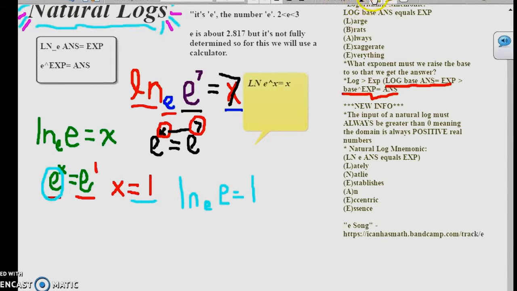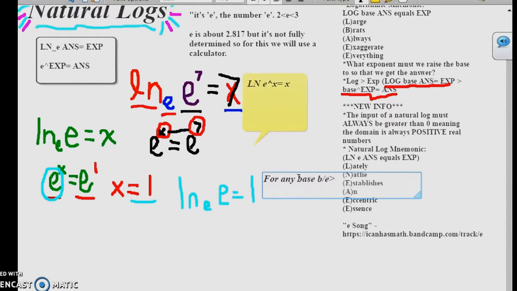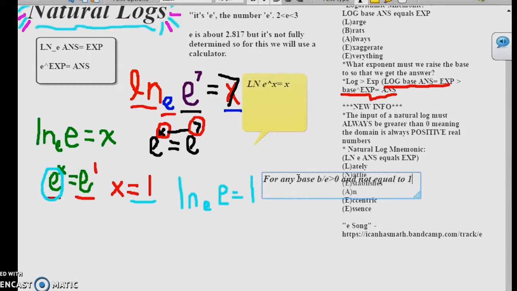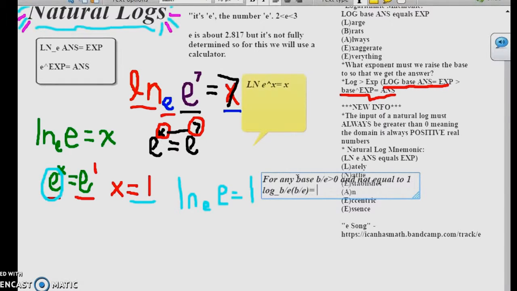So we can write, text box here, for any base b or e greater than 0 and not equal to 1, the log of that base b or e equals 1.